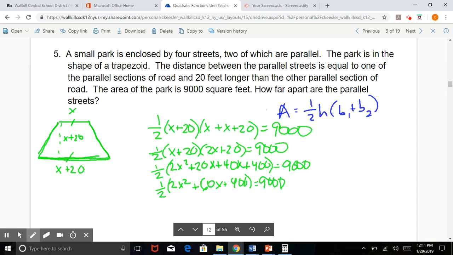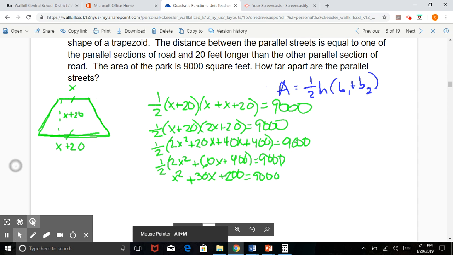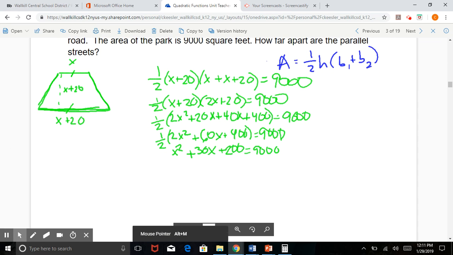Now I can cut that all in half. Half of 2x squared is x squared. Half of 60x is 30x. Half of 400 is 200 equals 9,000. Now I can go about it 2 ways. I could complete the square, or I could solve by factoring. I'm going to go ahead and solve by factoring.